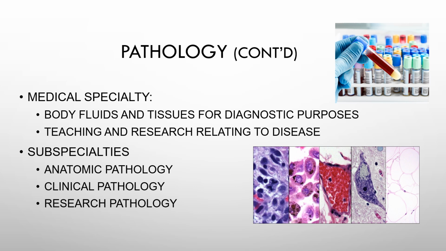Clinical pathology deals with laboratory analysis of body fluids, so hematology, chemistry, microbiology, transfusion services. You may not work directly in these areas, but your work absolutely intersects with them. Research pathology bridges the two and pushes the field forward. It's where new stains, biomarkers, and diagnostic criteria are developed, often before they ever show up in clinical practice.